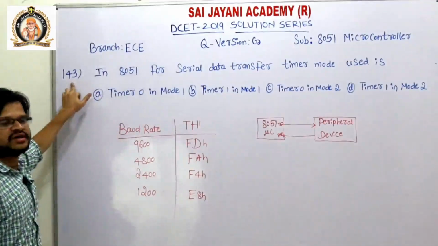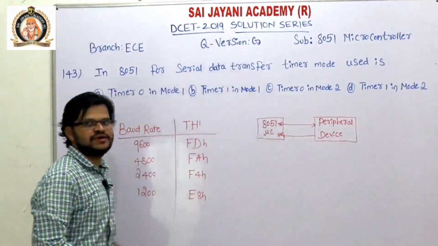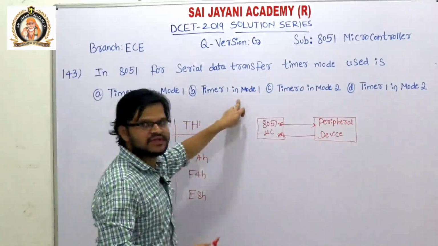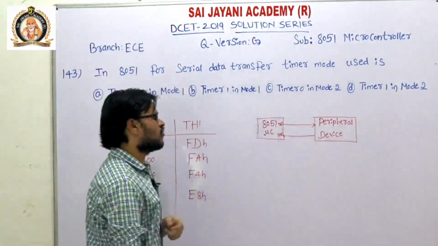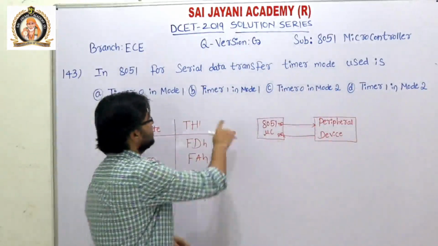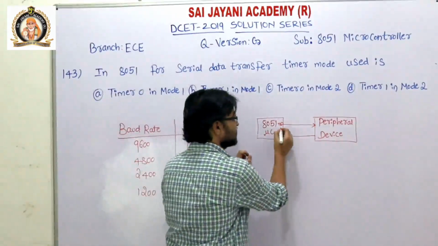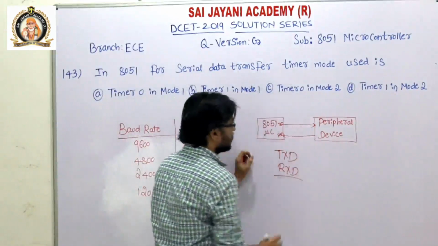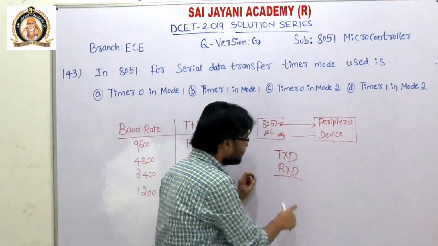Question number 143: in the 8051, for serial data transfer, the timer mode used is, they have given 4 options: timer 0 in mode 1, timer 1 in mode 1, timer 0 in mode 2 and timer 1 in mode 2. The 8051 microcontroller uses 2 pins, the TXD pin and the RXD pin.